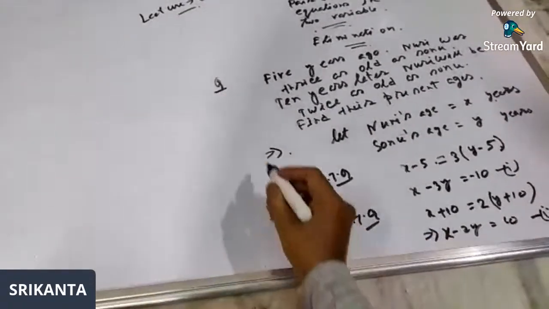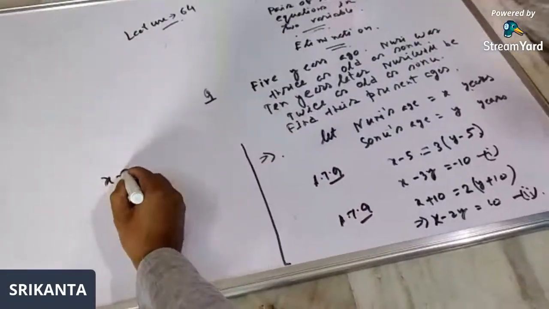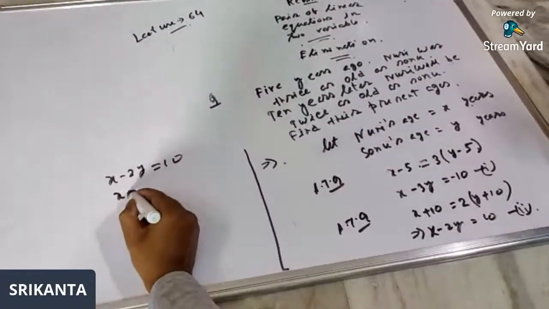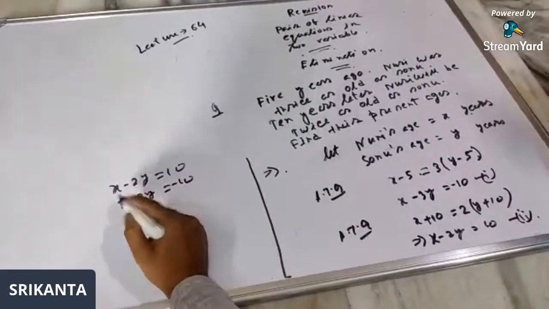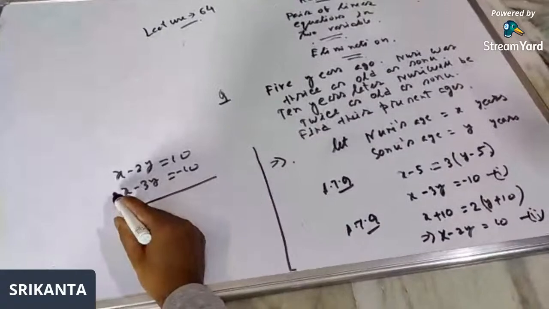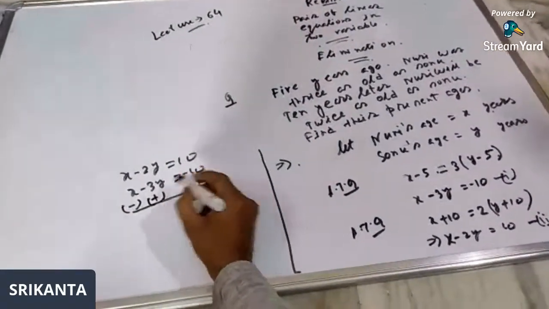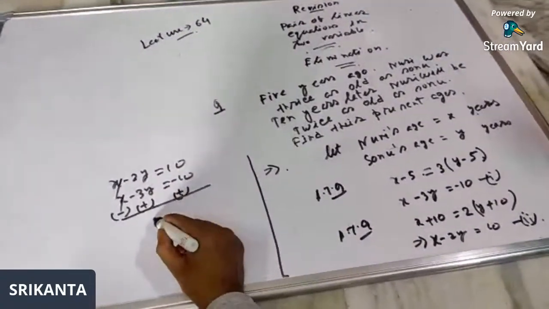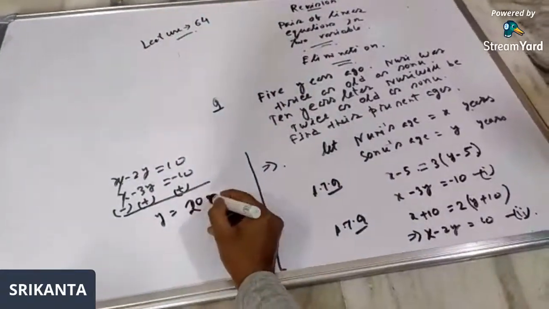Now let us solve these 2 equations using elimination. As you can see, the coefficients of x are the same, right? So you have to change their sign. So plus becomes minus, minus becomes plus, and minus becomes plus, right? So plus 3y minus 2y becomes y, and 10 plus 10 becomes 20.